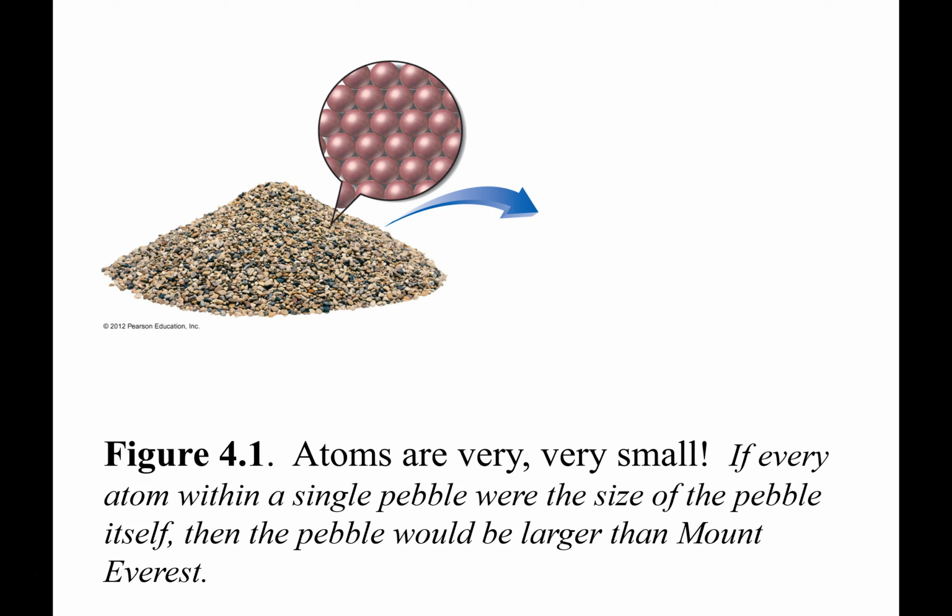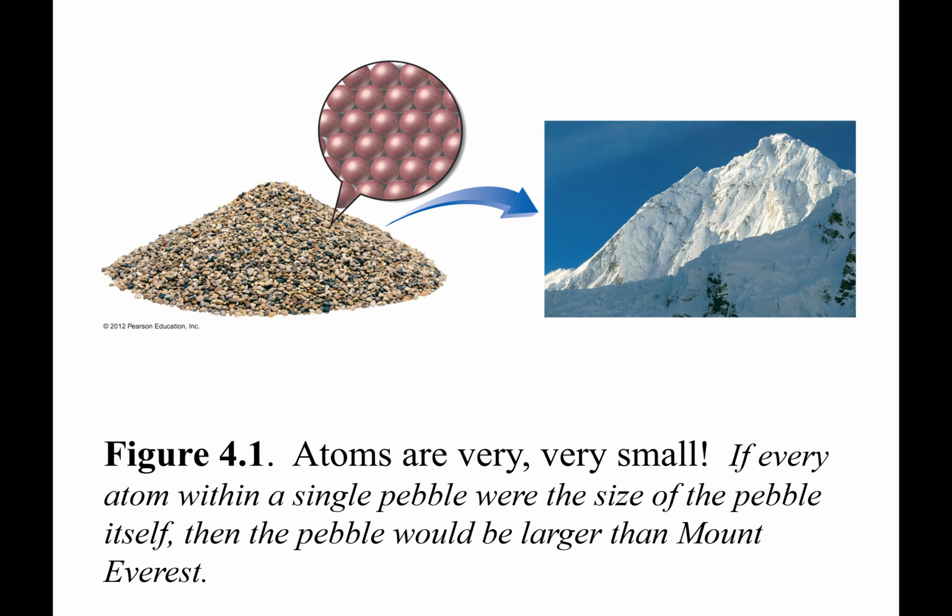Let's read the caption. So we're going to take a single pebble. Okay, I know we can't take a pebble, but within that pebble, these are the atoms that are within that pebble. If we were to take every atom that's in the size of the pebble, we're going to take these atoms and scale them up to the size of the pebble.